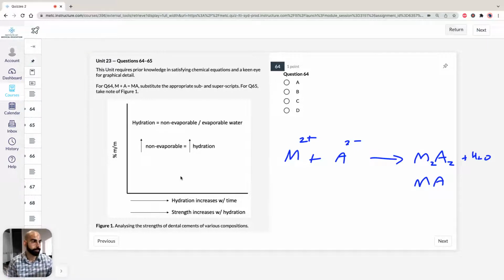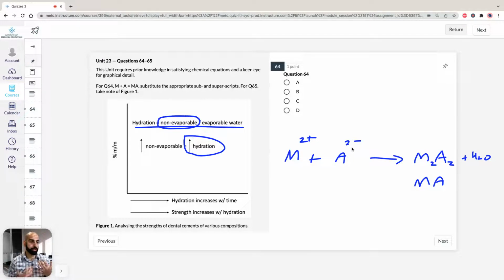So the hydration, what we're told is that the hydration equals non-evaporable divided by evaporable water. That's important to know. And you know straight away, if we're going to increase non-evaporable, we're going to increase our hydration. So you can see in the graph, you've got the clear bar graph and the patterned, let's say, leopard spots.